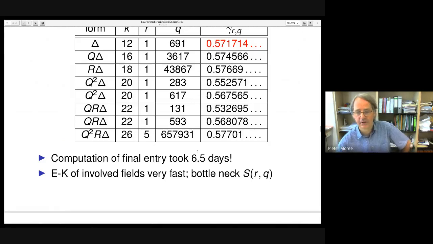His computer system took 6.5 days to compute this with this precision. That's a very difficult computation, partly because this very disturbing term behaves in a very bad way. But he was able to manage it. The red ones are the numbers that I computed, but they were now computed with higher precision.